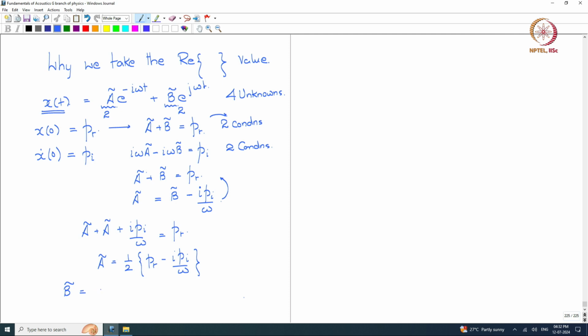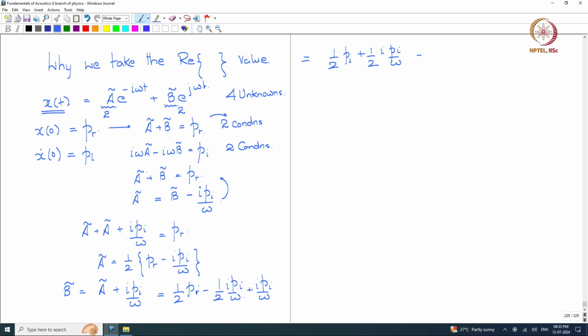B tilde is equal to a tilde plus I p I by omega, which gives me 1/2 p r minus 1/2 I p I by omega plus I p I by omega, which is equal to 1/2 p r plus 1/2 I p I by omega.